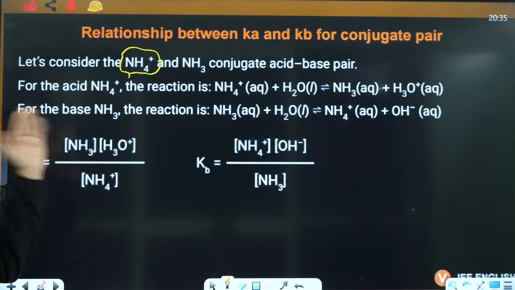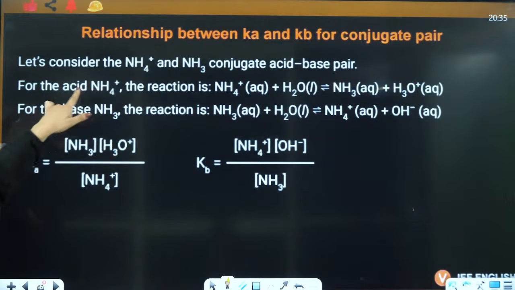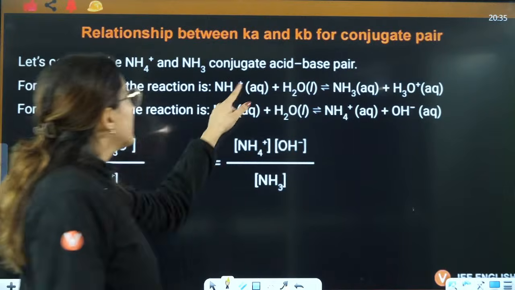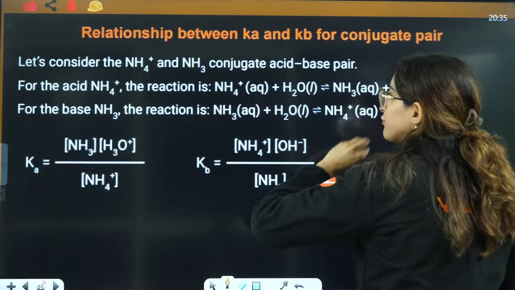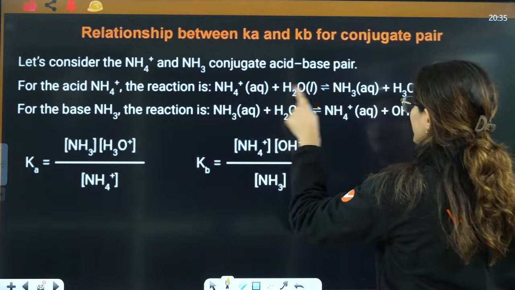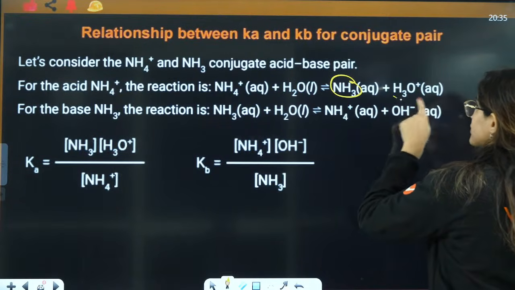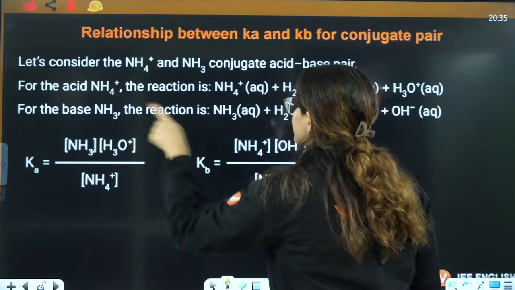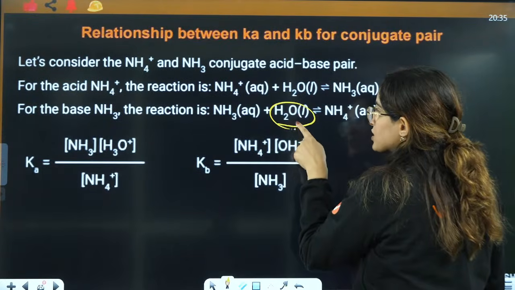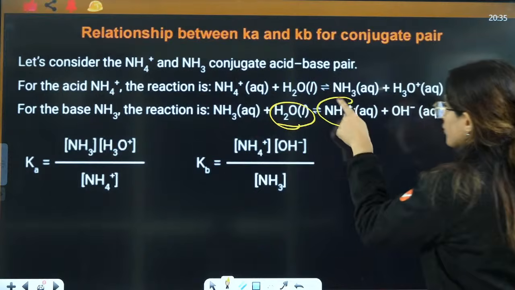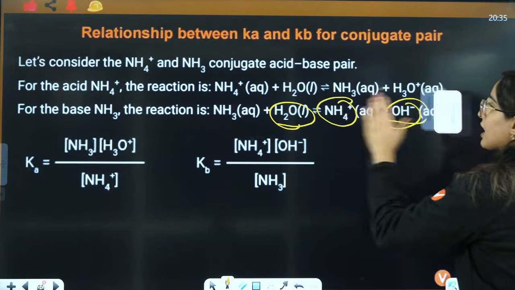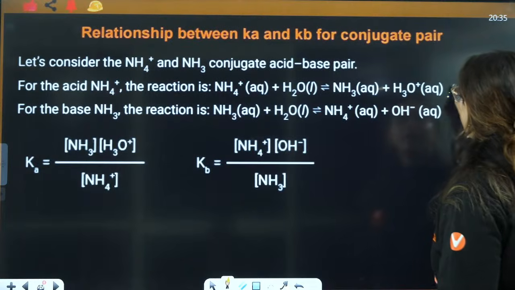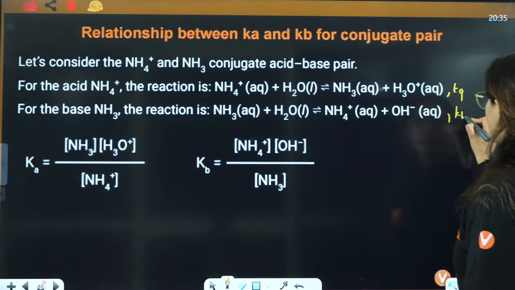Now what we can say is that for an acid, that is conjugate acid, acid is always going to donate H positive and it will be converted to NH3 and hydronium ion. Base is always going to accept H positive and it will be converted to NH4 positive and OH negative. Now if you see here, it will be Ka and for this it will be Kb.